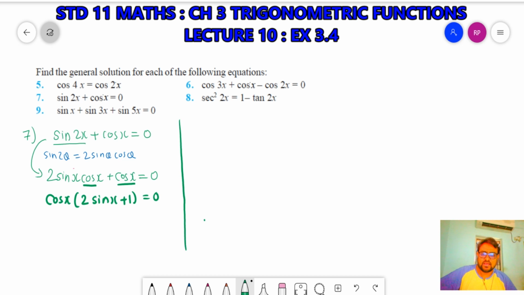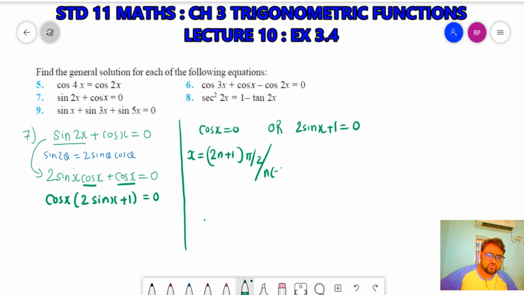This means that either cos x is equal to 0 or 2 sin x plus 1 is equal to 0. So cos x is equal to 0. Where does the value of cos is 0? We just did it in the earlier sum. x is equal to 2n plus 1 pi by 2, such that n belongs to Z.